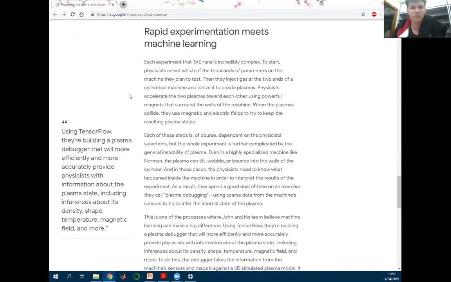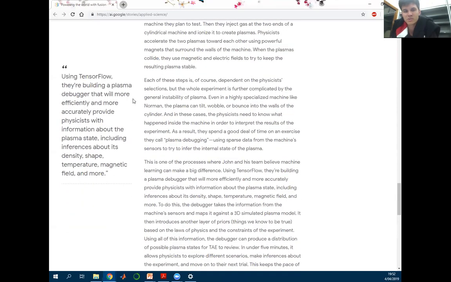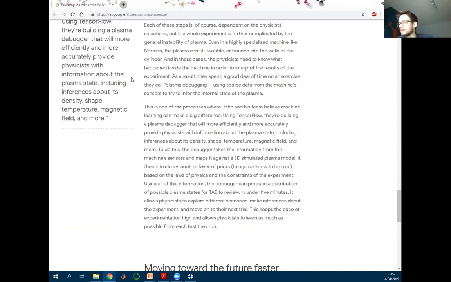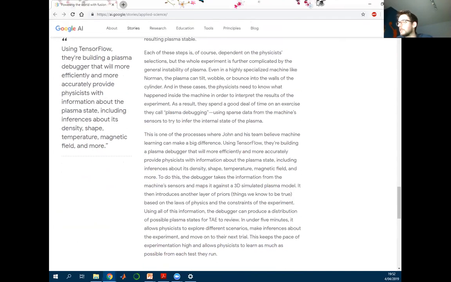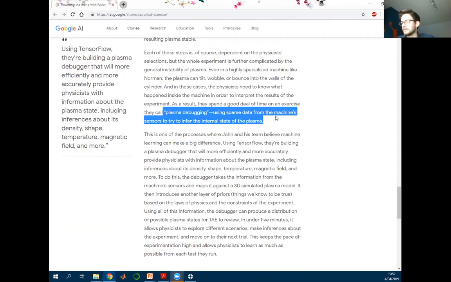I think it's a reversed field configuration, but I don't know what the machine learning algorithm is trying to do. Well, here I see plasma debugging. So using sparse data from the machine sensors to try to infer the internal state of the plasma.